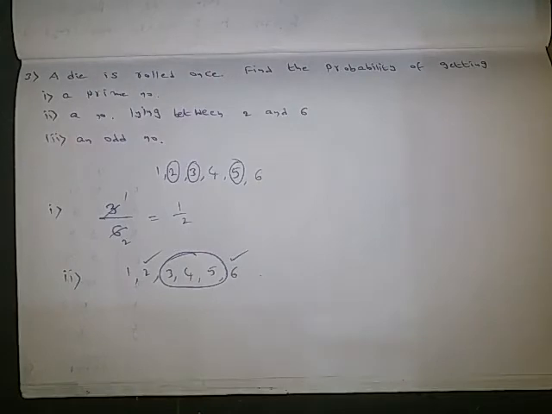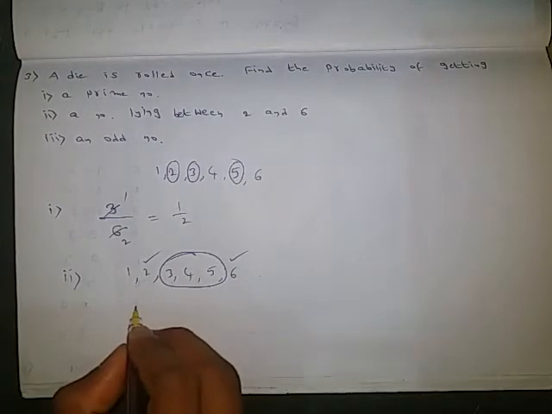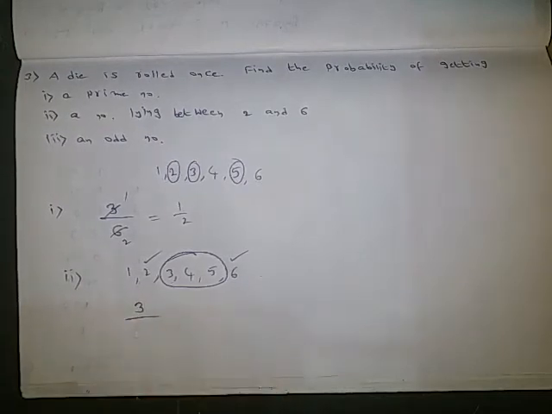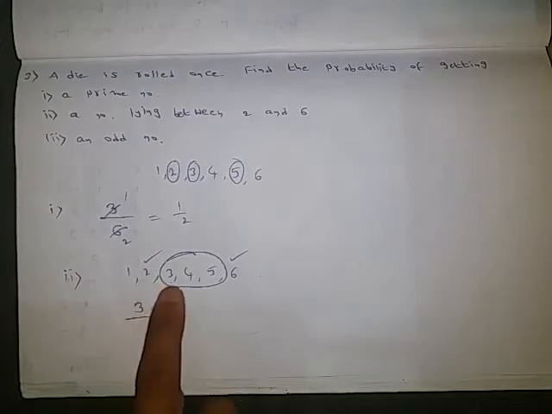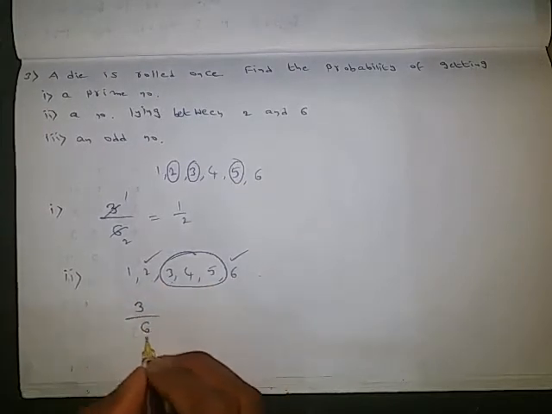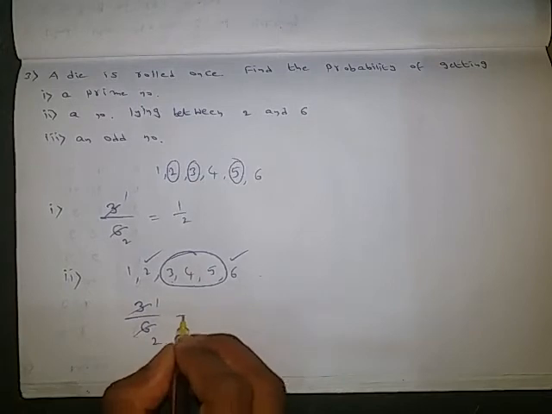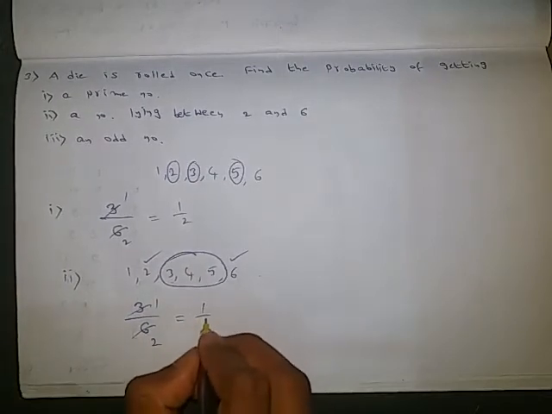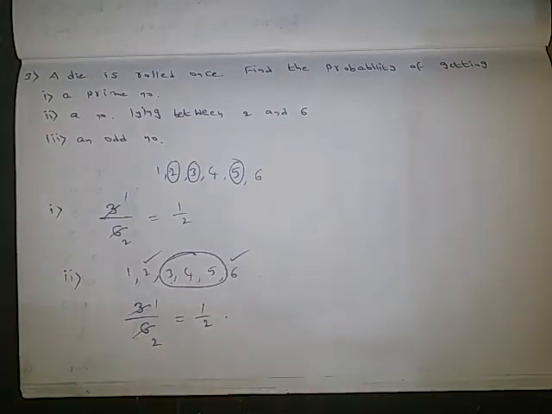So 3 favorable outcomes divided by total numbers 1 2 3 4 5 6. So total 6 numbers. 3 ones are 3, 3 twos are 6. So the answer is 1 by 2. It means the probability of getting a number which lies between 2 and 6 is 1 by 2.